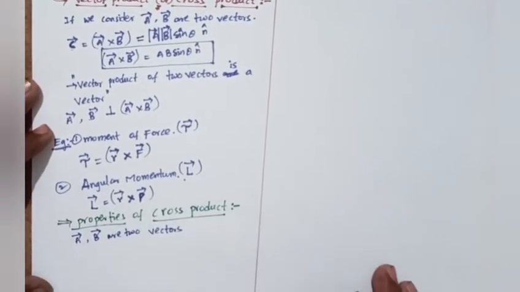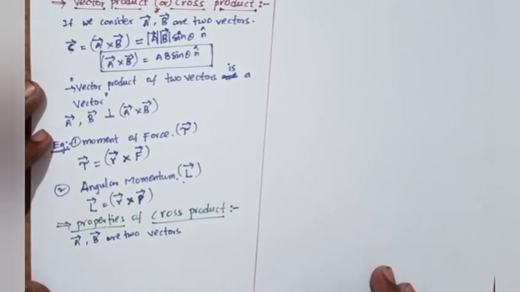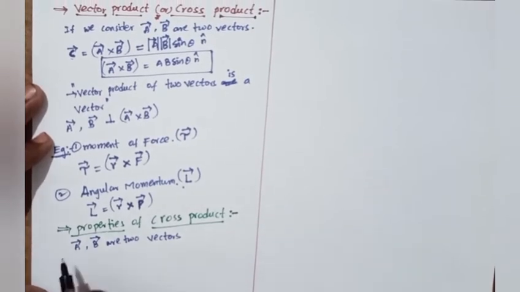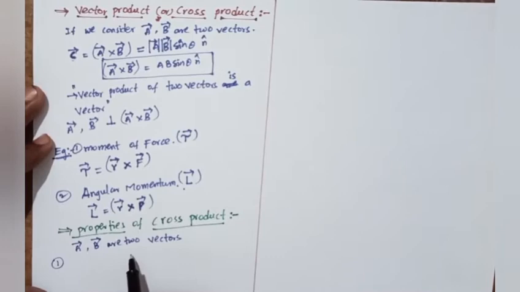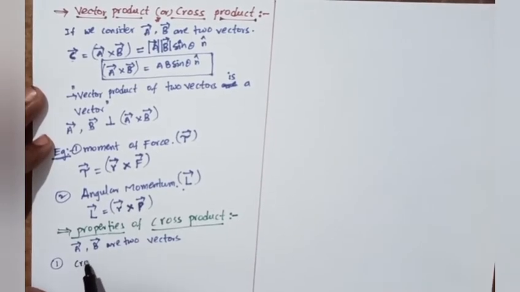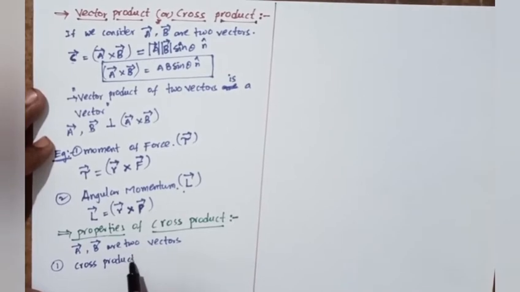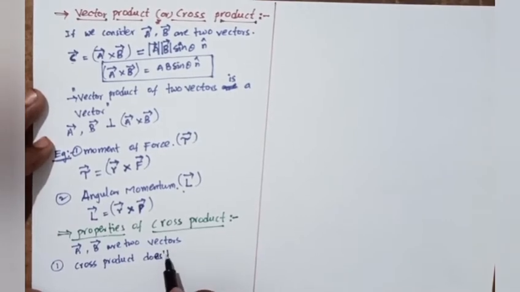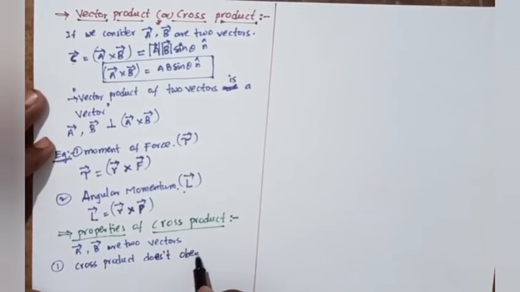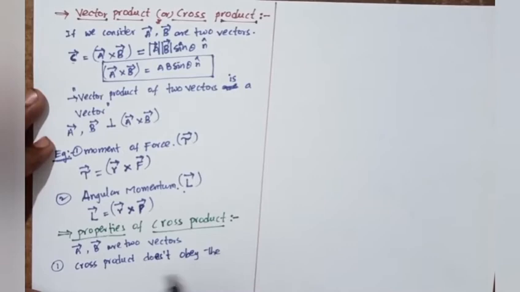The first property: the cross product of two vectors doesn't obey the commutative law.